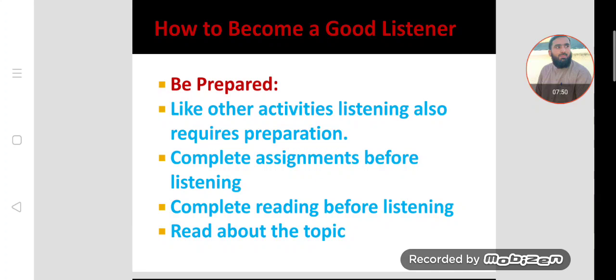For example, if the teacher has given you assignments saying that we will discuss that topic tomorrow, you have to read about it. So prepare assignments and complete your reading before listening. Read about the topic which is going to be discussed in the upcoming class. Then we will be able to take an active part in listening, and through these ways we can become a good listener.